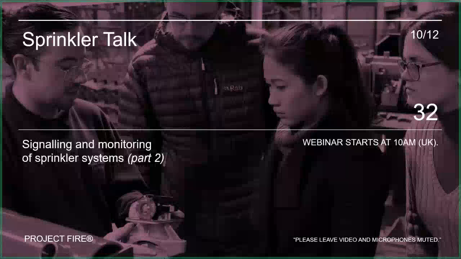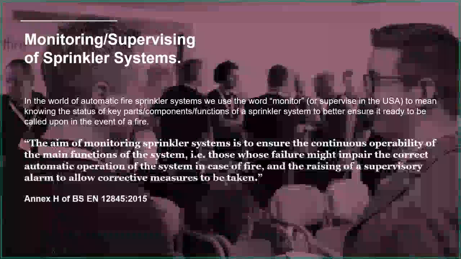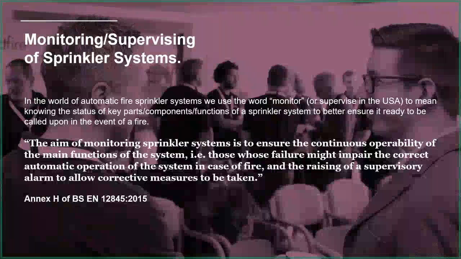So as is normal, let's start off with looking at a definition of what we're actually talking about in terms of monitoring. In the US, they call it supervising, but it's the same thing, monitoring and supervising.